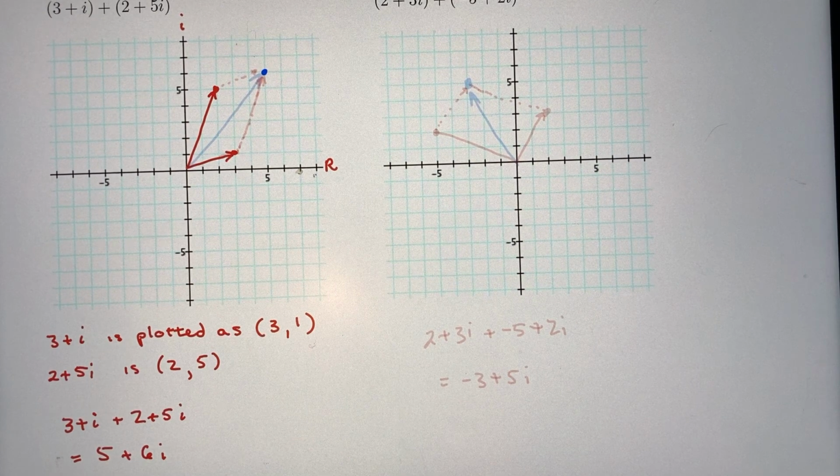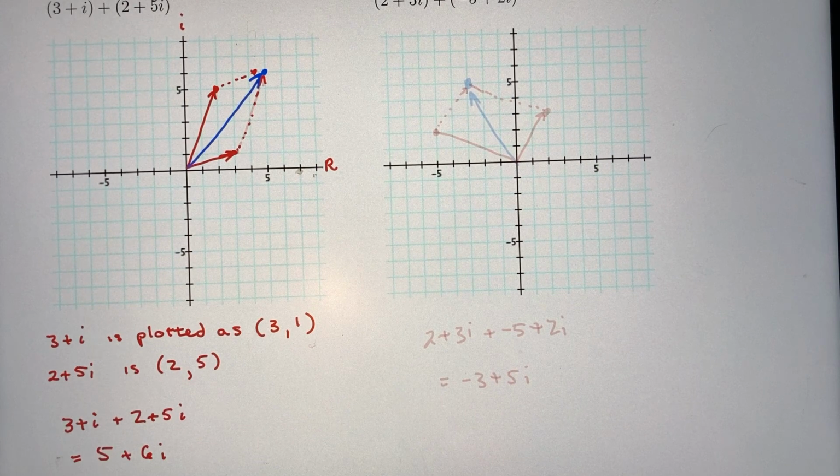And then if I take 3 plus i and take a copy of go right 2 and up 5 from it, and you take 2 plus 5i, and take a copy of right 3 up 1, then it turns out the sum is the diagonal of that parallelogram.